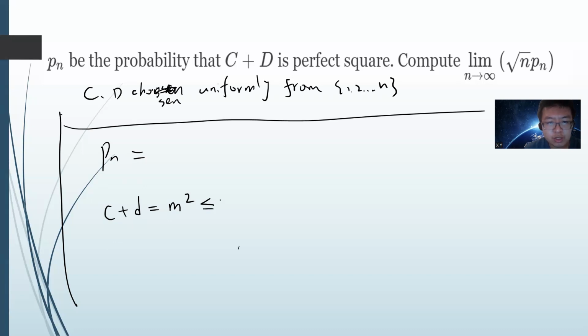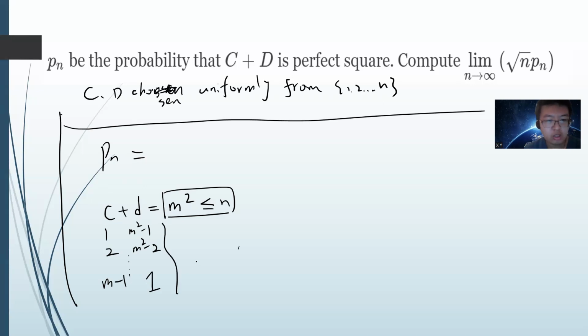If m squared is less than or equal to n, then you can have 1 and m squared minus 1, 2 and m squared minus 2, up to m squared minus 1 and 1. So the total number of solutions will be m squared minus 1.